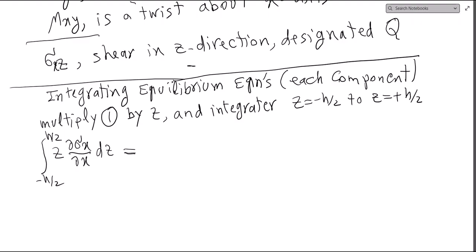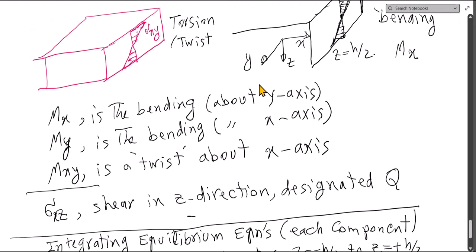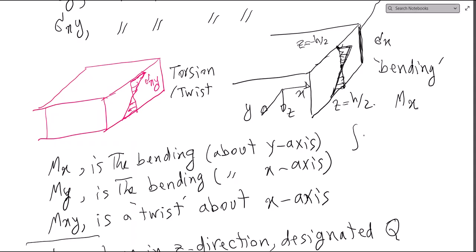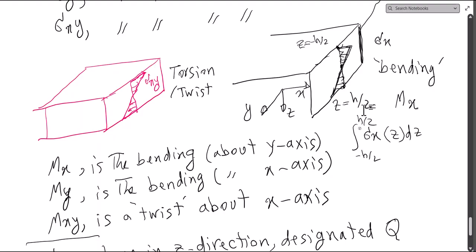But if you pay attention here, for the mx, if I write here, it is the integral of sigma x times z dz, integration along the thickness. So mx is basically integration of these stresses.